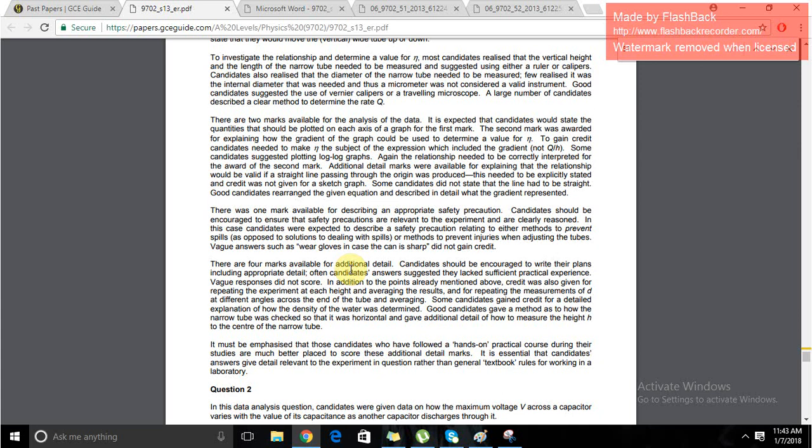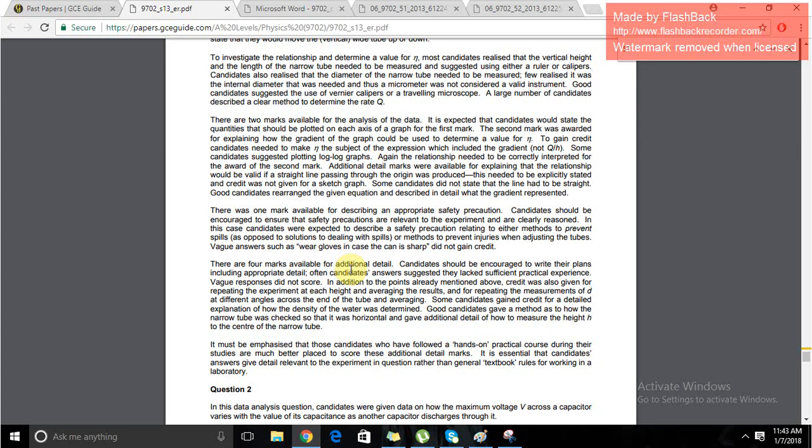So this is something else that students often mess up and you can get marks for. You can use a set square or something. Method to ensure a tube or a rule is horizontal or vertical completely. And this is it.